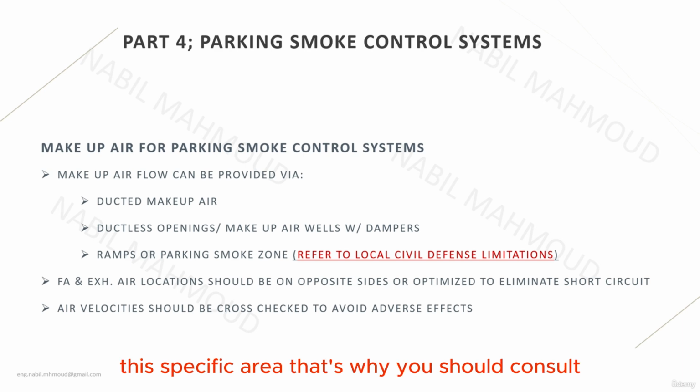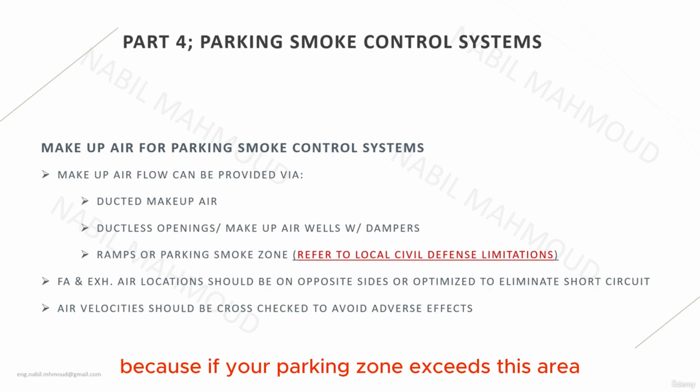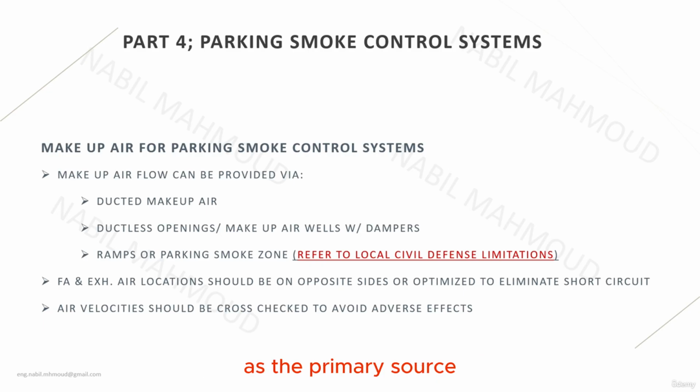That's why you should consult the local civil defense regulations, because if your parking zone exceeds this area, then you are not allowed to use the ramp as the primary source. You need to add also another source, which can be one of the two above sources.